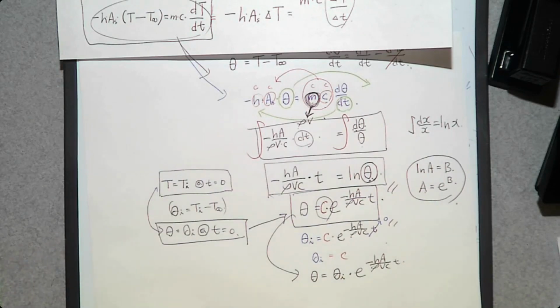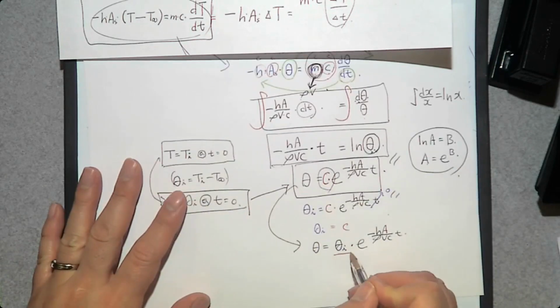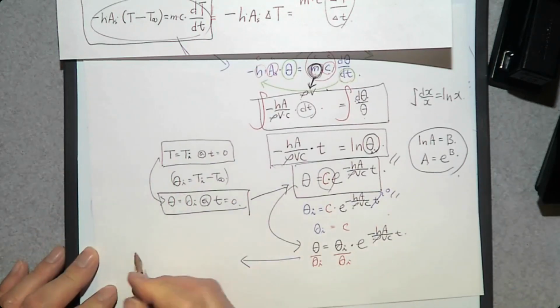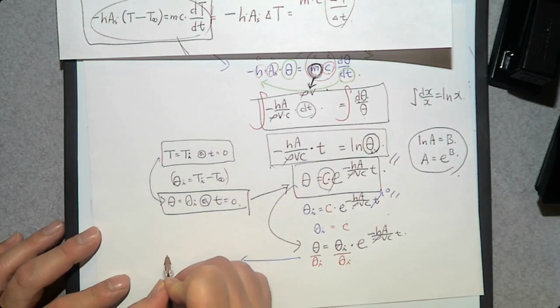Oh, wait, we have a theta on the left-hand side and a theta on the right-hand side. Let's move every theta to the left-hand side. Can we do that? Yes, divide by theta I. Then what is the governing equation? Now there's a governing equation.